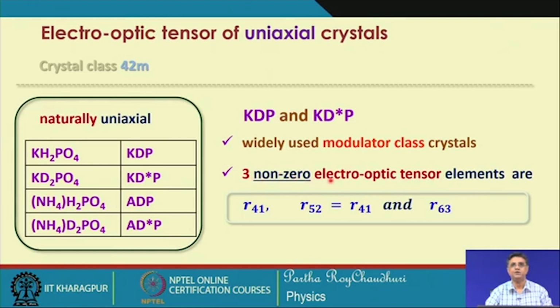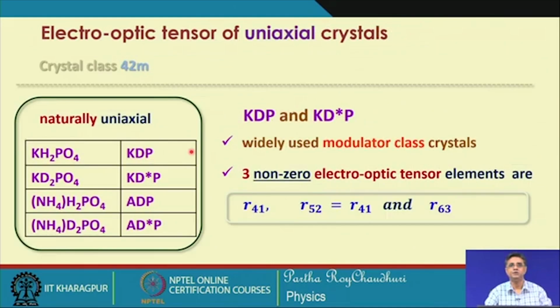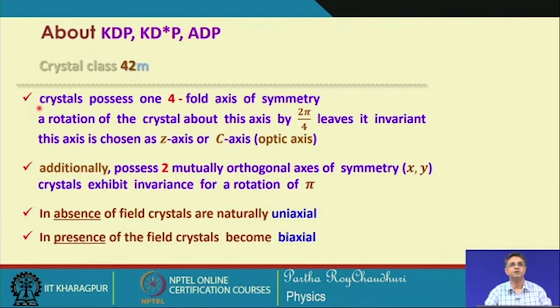Three non-zero electro-optic tensor elements of these crystals are r41 and r52 equal to r42, this we have seen, and r63. r52 and r42 have the same value as you can see from here. r41 and r52 values are 8.77 for KDP. So, we will use this value for the estimation of birefringence.